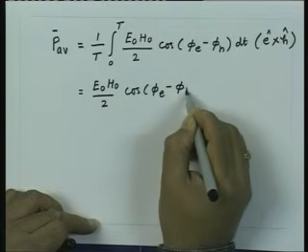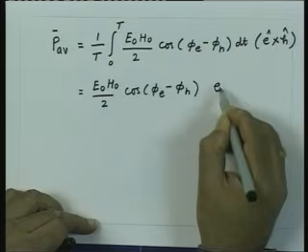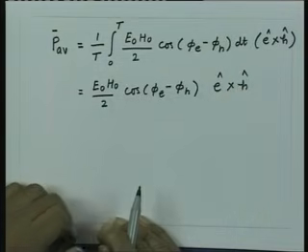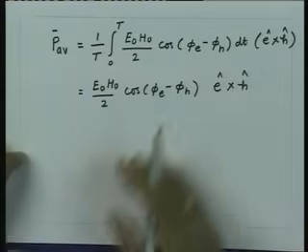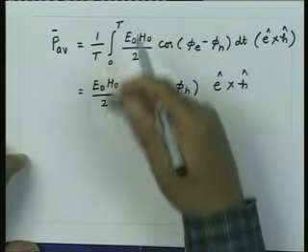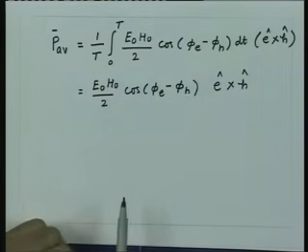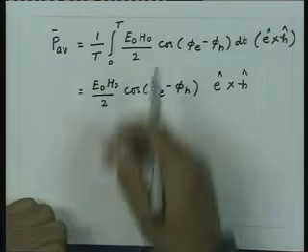H, and this cross product of the unit vectors E and H. We can do a little more algebraic manipulation to write again back the electric and magnetic field in the vector form, in the phasor form.